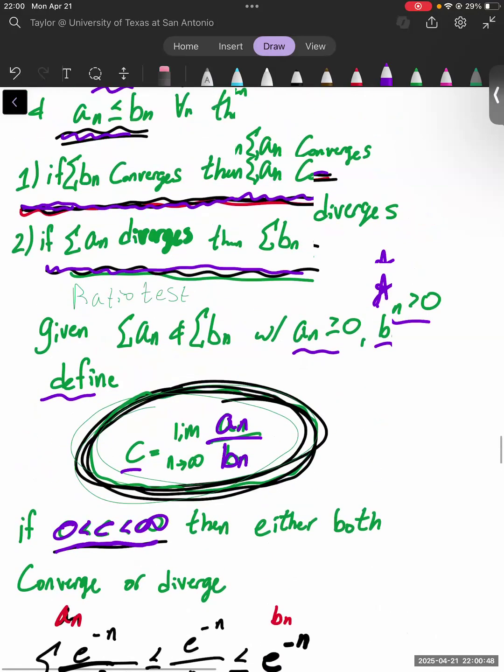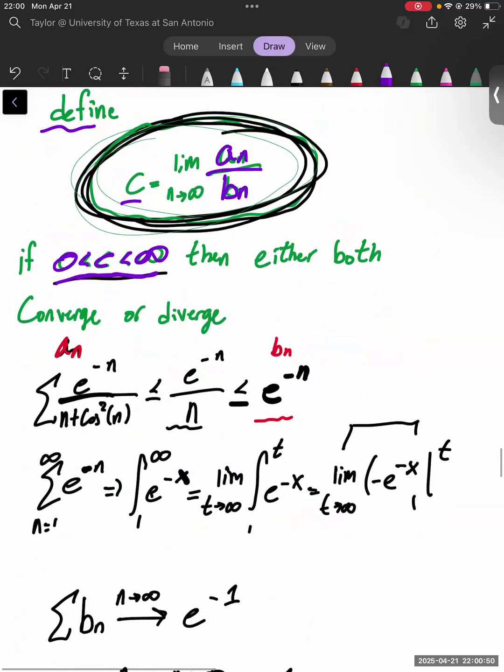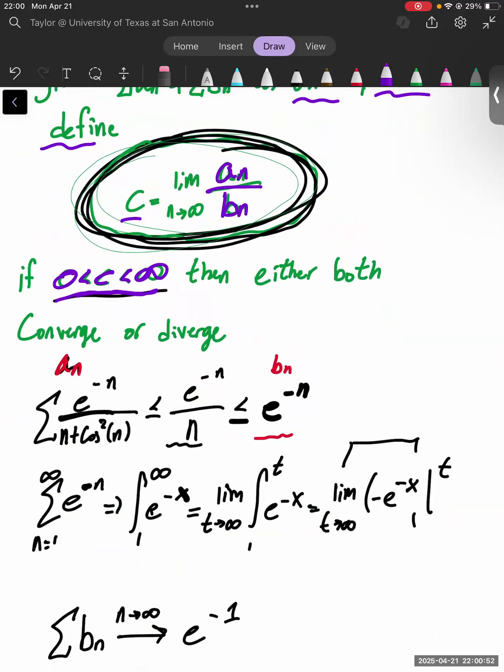So first, I'm just going to apply the comparison test here. Given our initial expression, we have e to the negative n over n plus cosine squared n. And again, as noted, this is our An. What I need to do is clean up this denominator to find a quote unquote bigger function or bigger sequence.